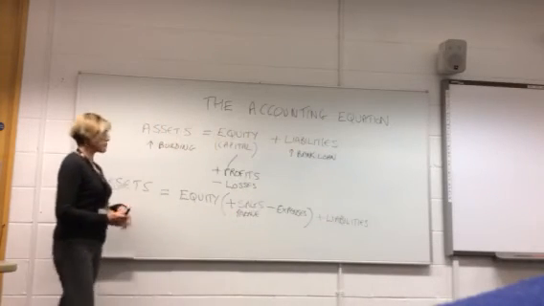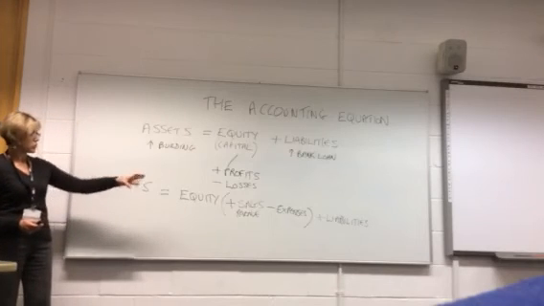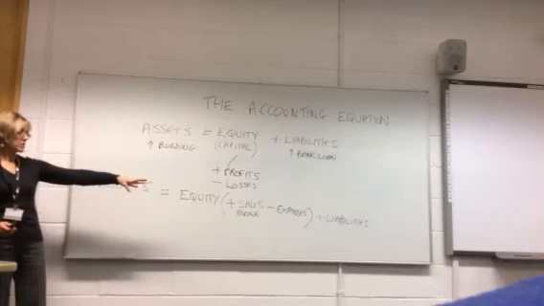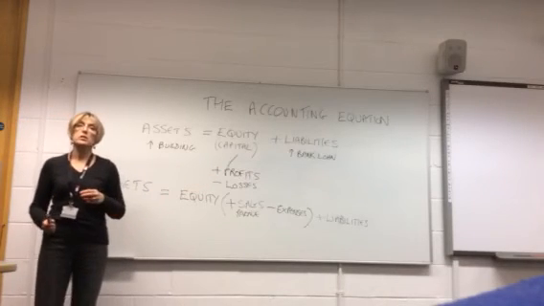So now we have our expanded accounting equation. Assets is equal to equity plus sales revenue minus expenses plus liabilities.